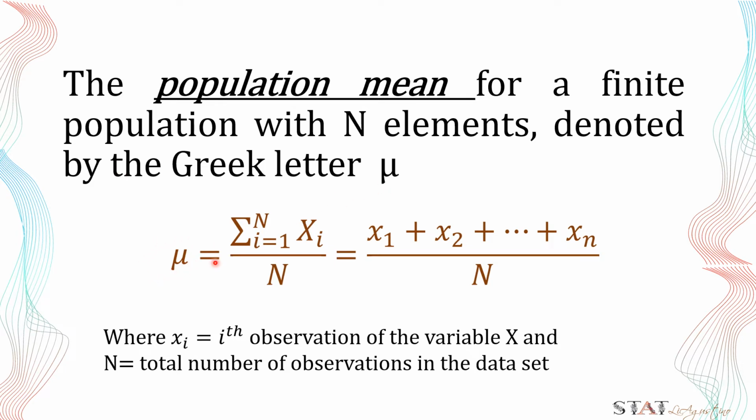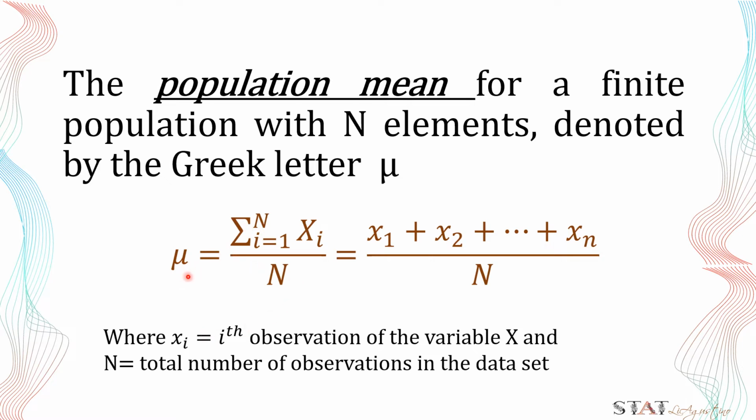So if I use this letter mu, then I'm talking about the population. That means my data values or my data set came from a population. By just looking at this big letter N, I'm already talking about the population size. But the computation using the small n, or the sample size, is just the same. They just give you an idea that my data set came from a population. So let's proceed.